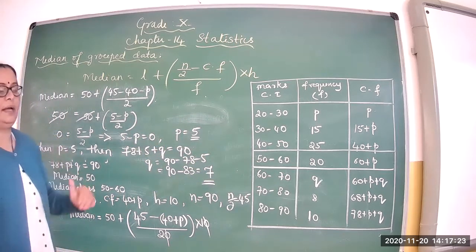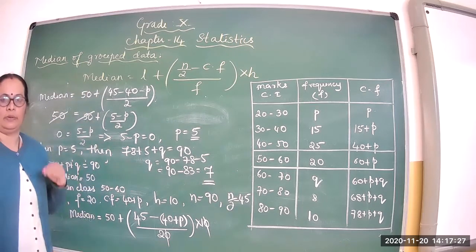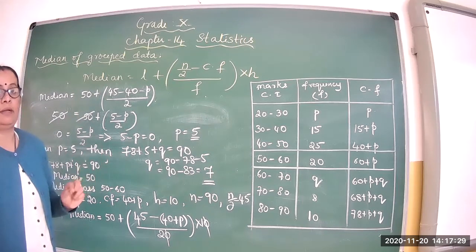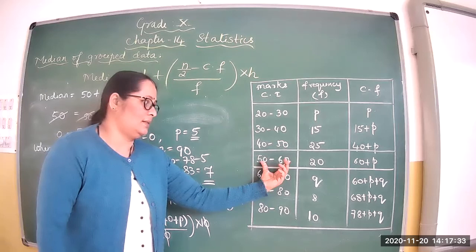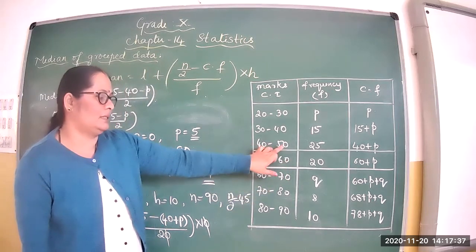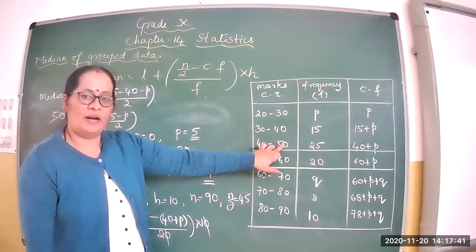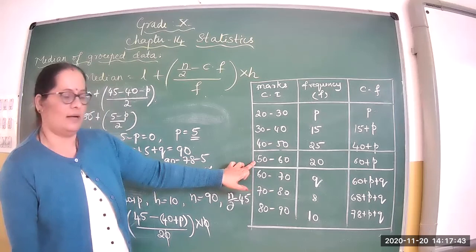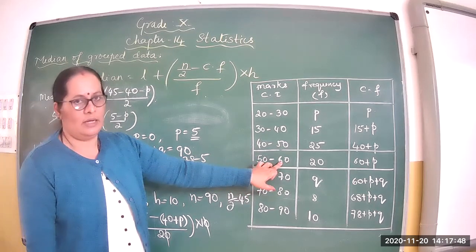Here we are not finding N by 2 because the median is already given in the question as 50. So the 50th value is in this class interval. Why? Because in 40 to 50, the upper limit is not counted in this class but in the next class. Therefore, the median class is 50 to 60.